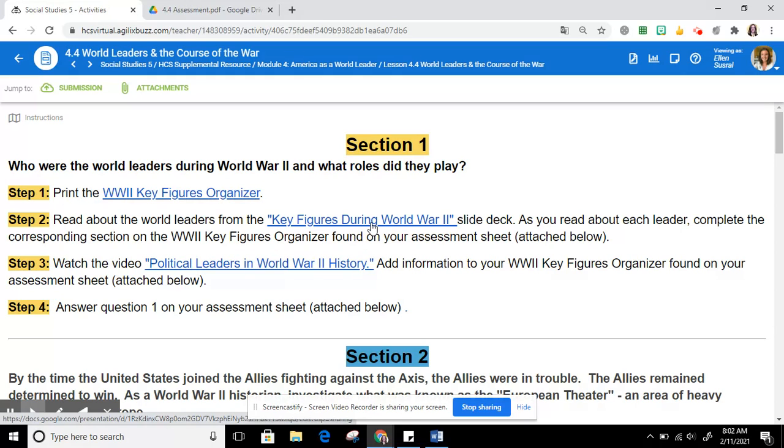As you read about each leader, complete the corresponding section on the World War II Key Figures Organizer found on your assessment sheet, which is attached below. And I already opened that up.